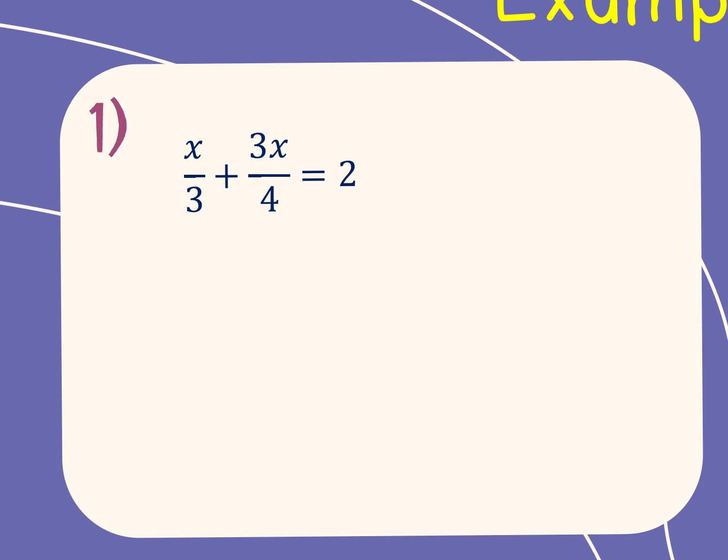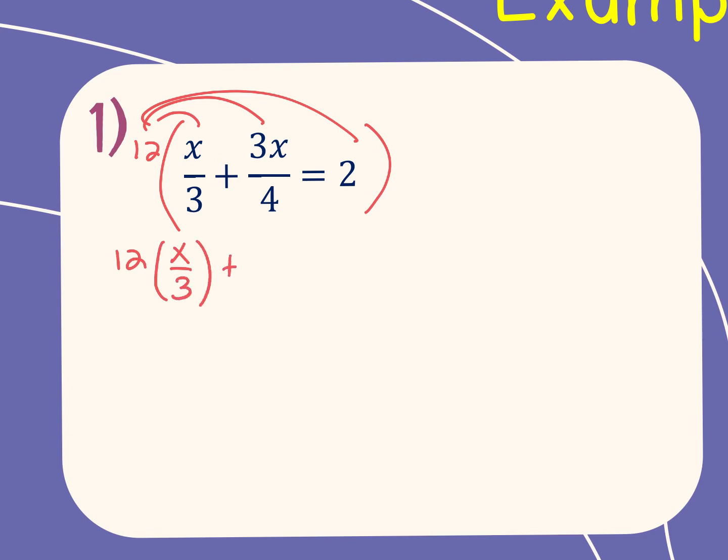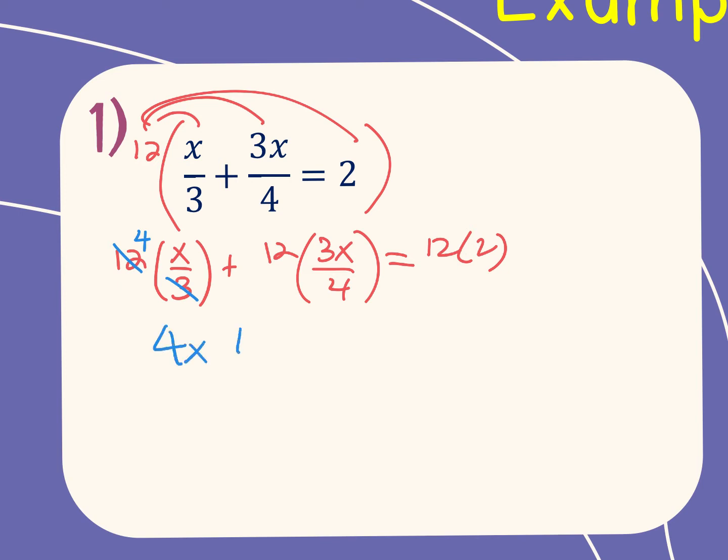You can treat this as multiplying the whole equation by 12 and distributing it to each piece, or if it's easier, show 12 times x over 3, and then 12 times 3x over 4, and then 12 times the 2, so you can show the simplification process. Here I'm left with 4x. Here this will turn into a 3. And then lastly, this is a 24.